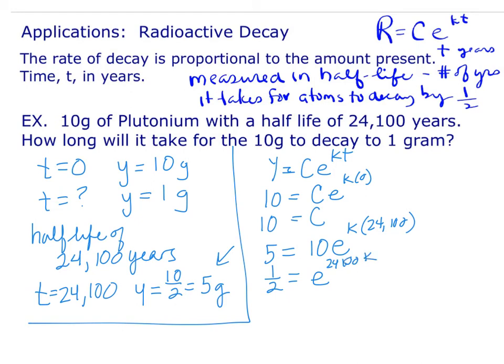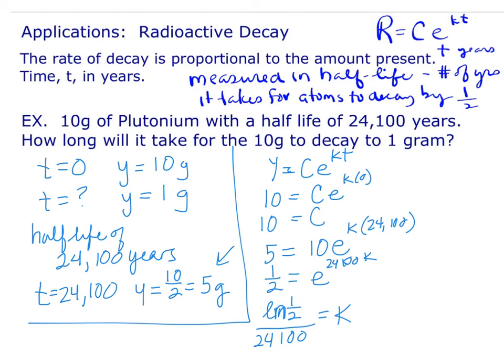I'm going to natural log both sides and solve for k. And k is going to be the natural log of 1/2 divided by 24,100, and that's going to equal k. All right, so now what they want to know is what's the time.